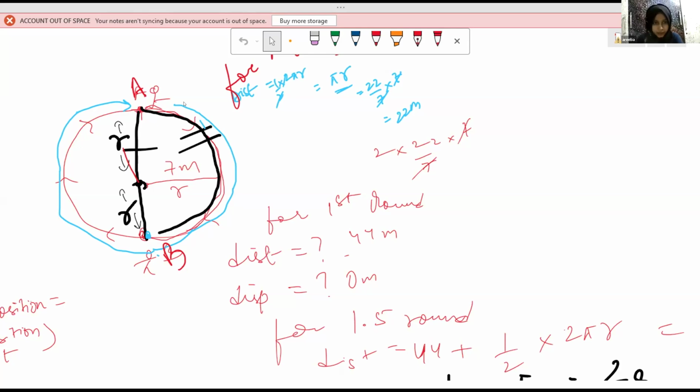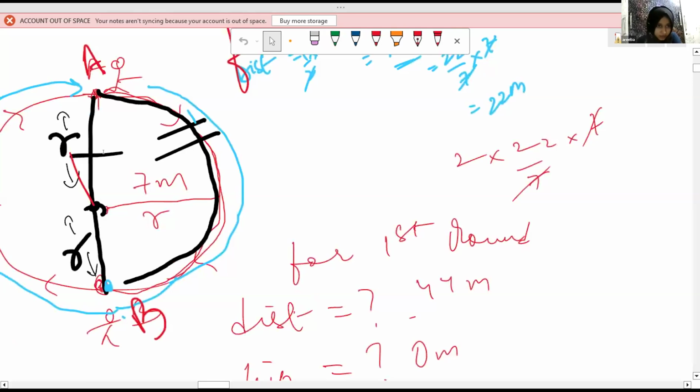The person will go straight from A to B. I mean, this blue part or this black part, which will he take? Black color. Exactly, because it is shorter and more direct. In displacement, we have to see that only, connecting the initial and final position. Right? So now tell me, what will be the displacement?